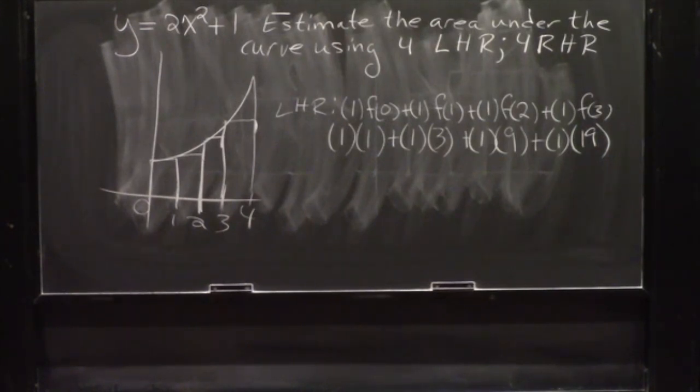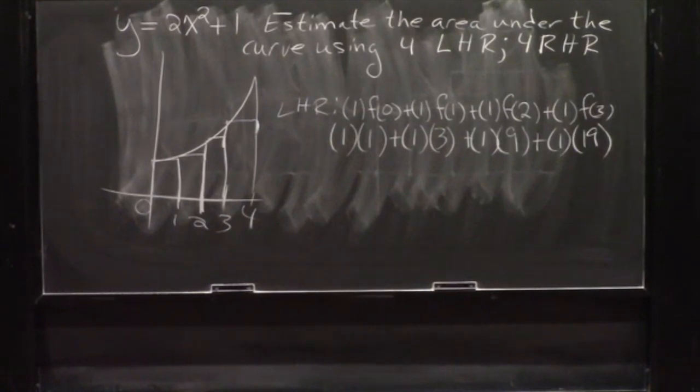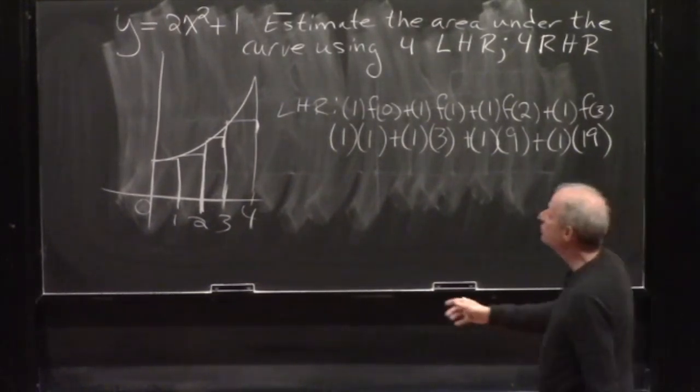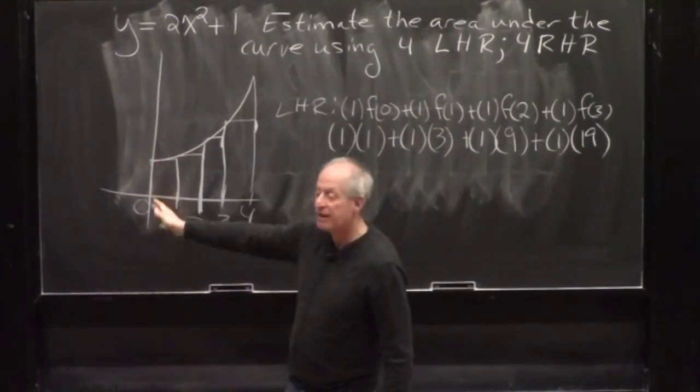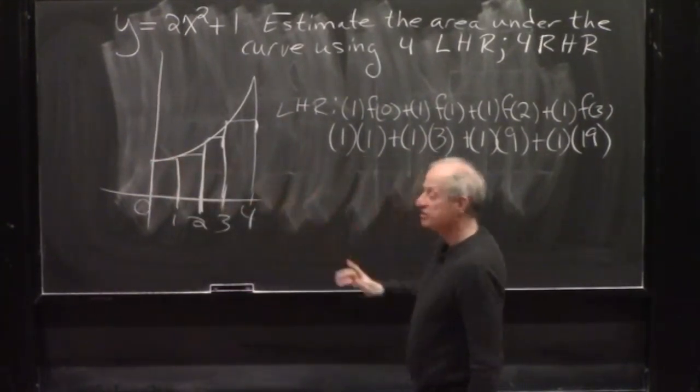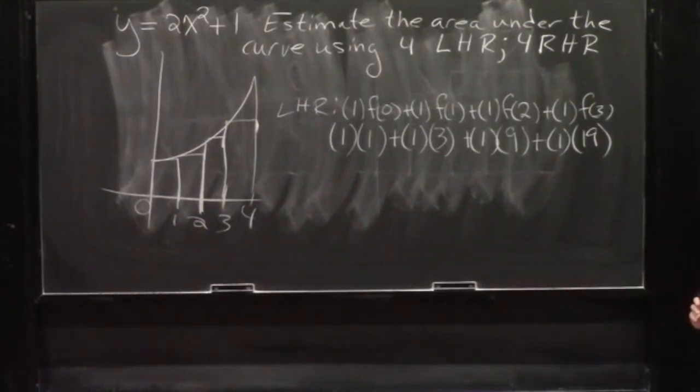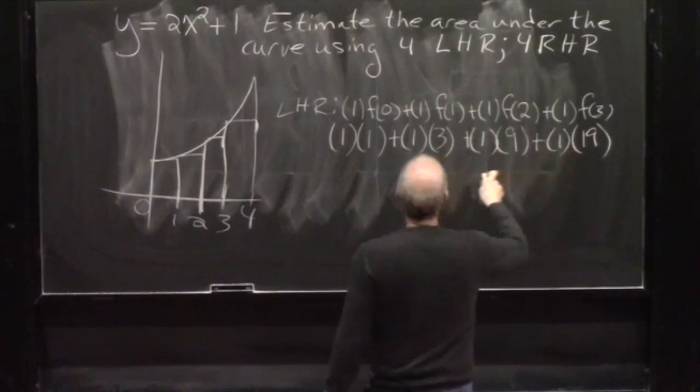So to get the f values, I have the equation y equals 2x squared plus 1. Okay? So I plug in the x coordinates to get the y values. And I use the x coordinates starting at the leftmost endpoint and counting up until 1 before the right-hand endpoint. Okay? So that's 32.